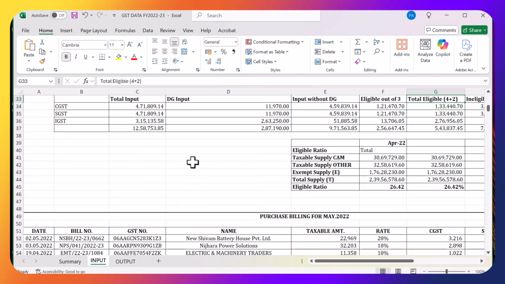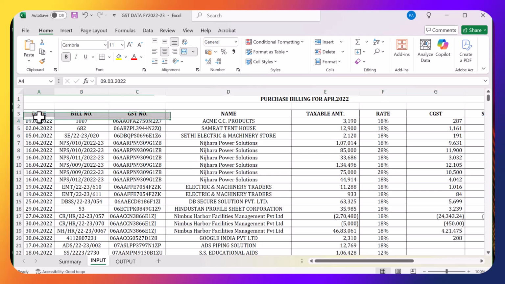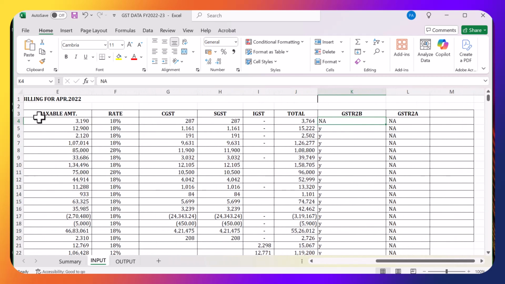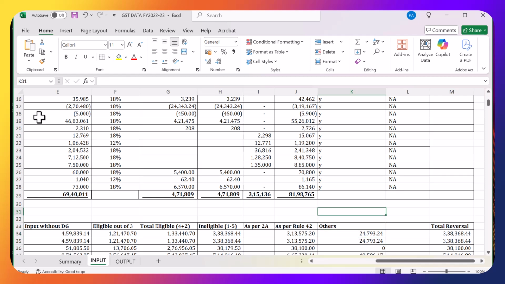But let's see that this is the total input. These are all the bills we got from our suppliers. The total input available to us was 4 lakh 71,000 CGST, 4 lakh 71,000 SGST, and IGST was 3 lakh 15,000.